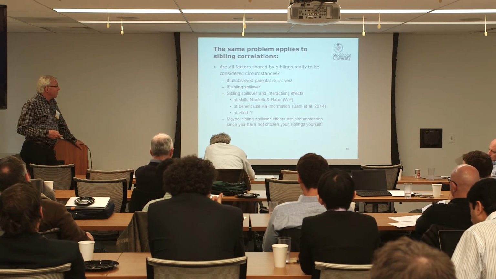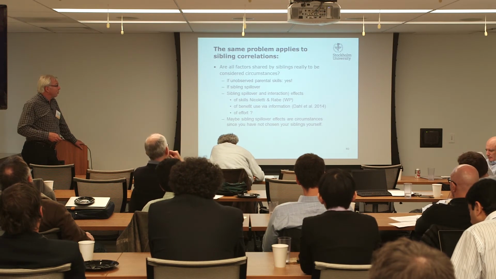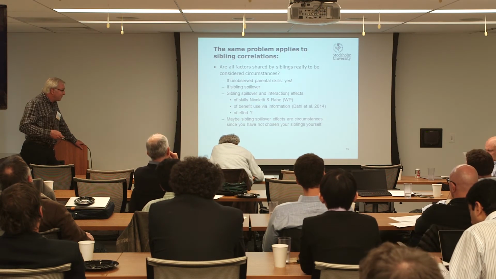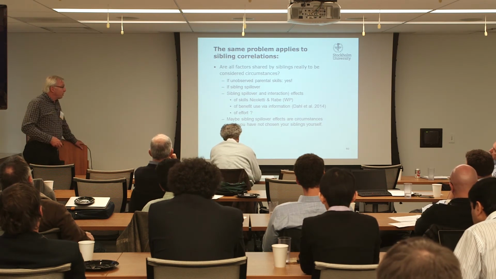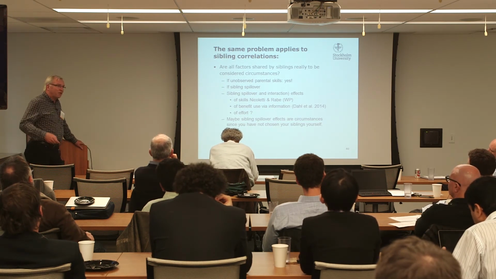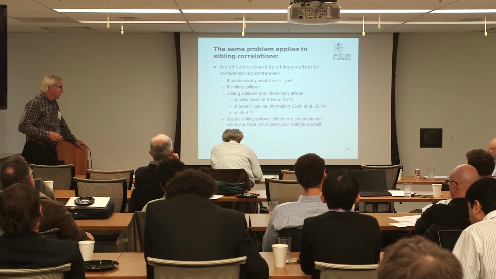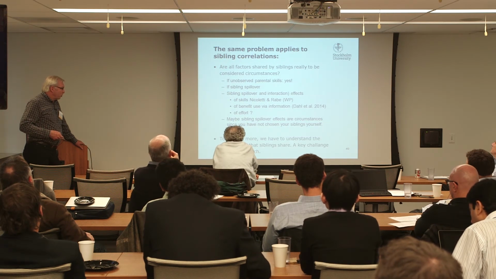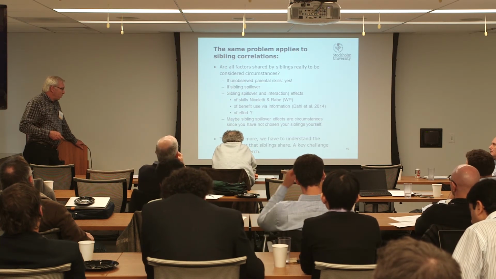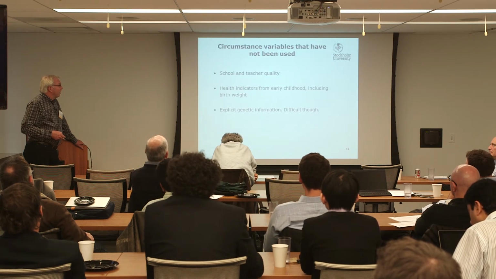But the challenge is to understand what this is. Is it unobserved parental skills? Is it sibling spillover effects or whatever? I think that the papers that are out there today about spillover effects cannot really be translated into this framework. But I think that's very challenging to do. So we have to understand this to determine that, and I think that's a key challenge.